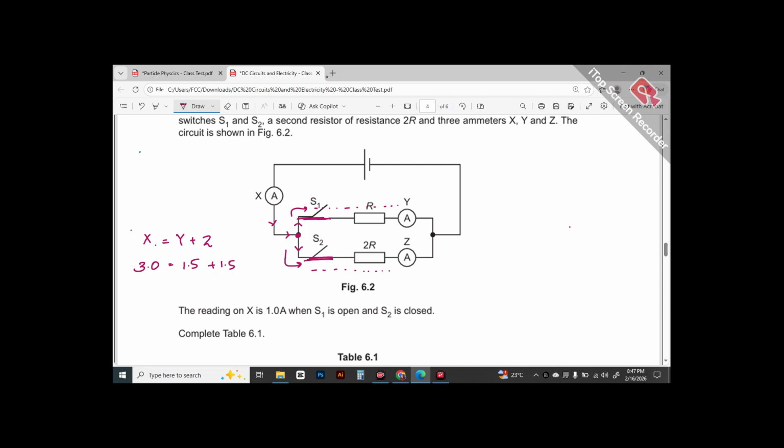While your answer is correct in one sense, and the examiner has assigned 1 mark for this, that at least the student knows that in parallel, currents add up to give the source current, so you are getting 1 mark here because 1.5 plus 1.5 gives you 3. But you would be penalized for one oversight here.